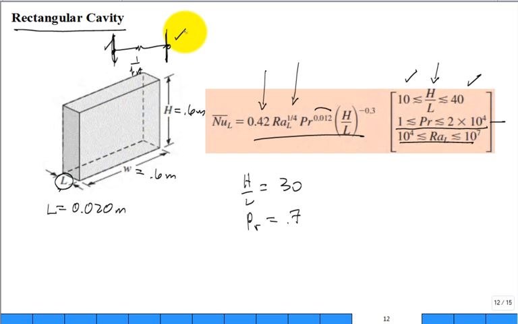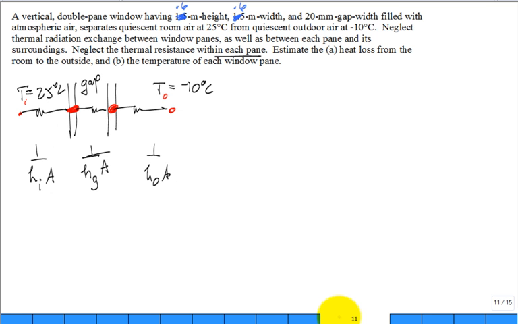temperatures, nodes. Okay, so here we have to get our film temperature to calculate properties like nu and alpha and Prandtl number. For not only the inside, we need the film temperature for the outside.